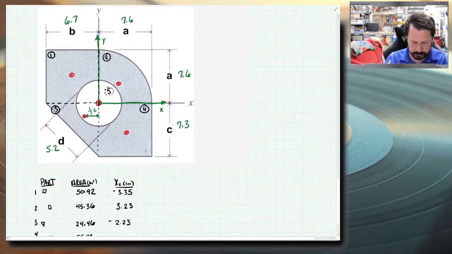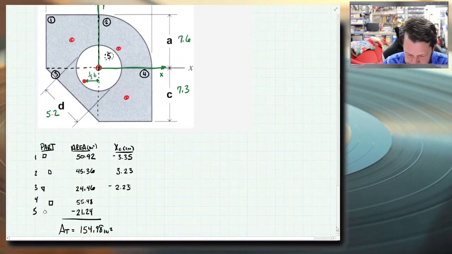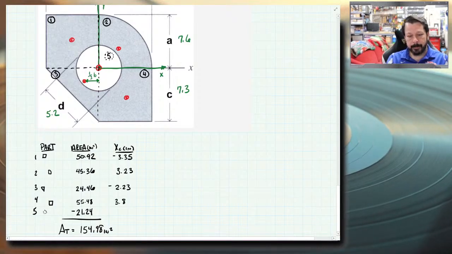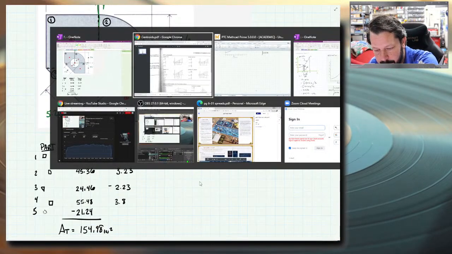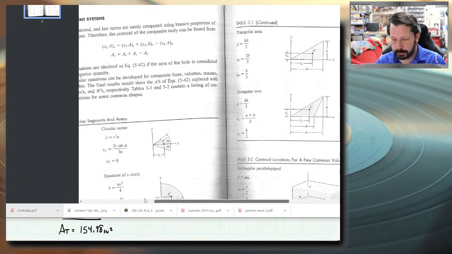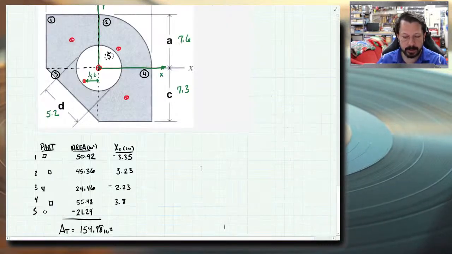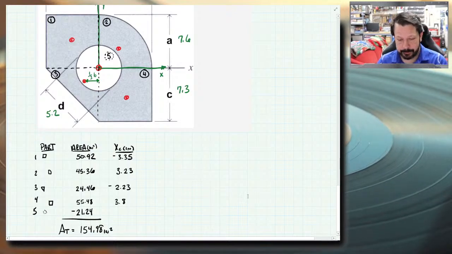Then we're back to a simple one with square number 4. 7.6 divided by 2 is 3.8. And then the hole in the middle is actually at the origin. They don't even bother to give you a circle in your centroids. They give you quarter circles and half circles and all that. They don't give you a circle, and you just need to know that the centroid of a circle is directly in its center.